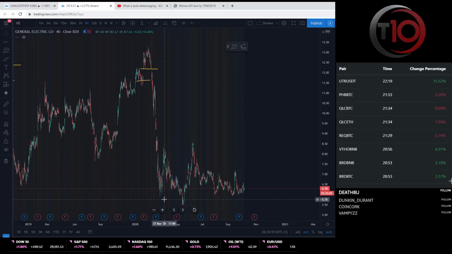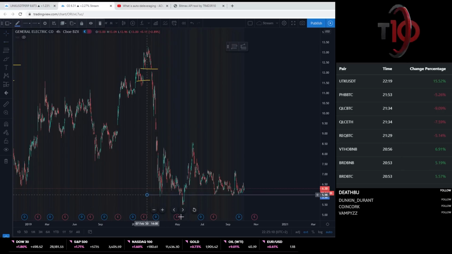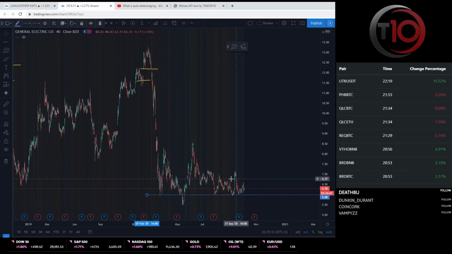Yeah. So it's trying to, I guess this zone was decent. Yeah, this zone was decent. It was the lower part of the move down here. So if I had seen it, I could play this area, I guess.